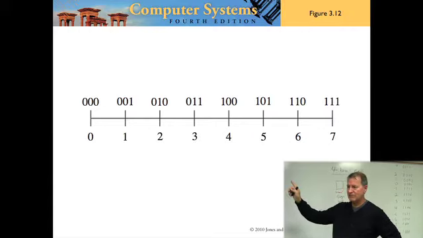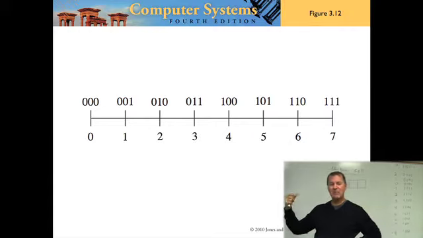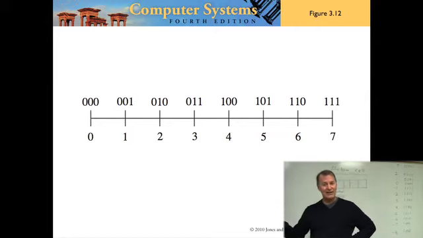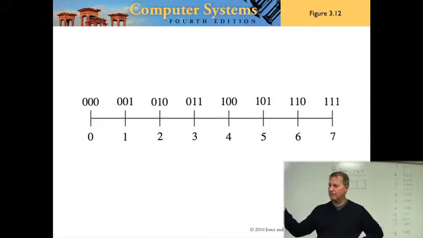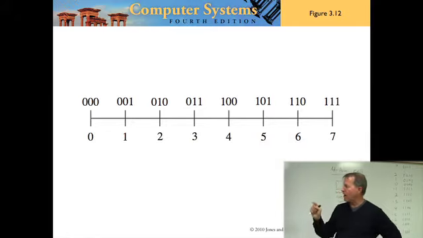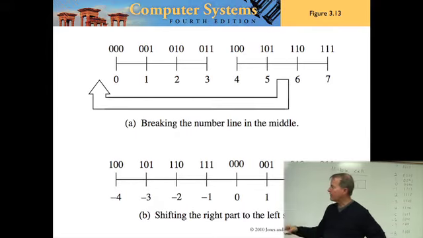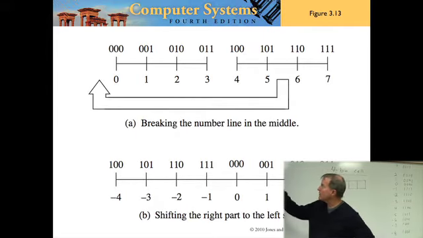But now, if you want to consider that bit pattern to be signed, then you reserve the first bit to be the sign bit. So in that case, what's the largest positive number? It's 3.